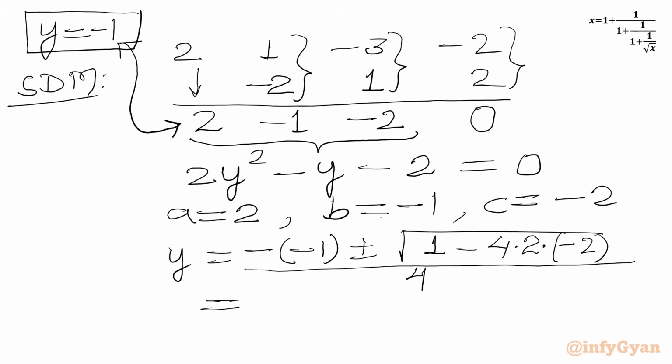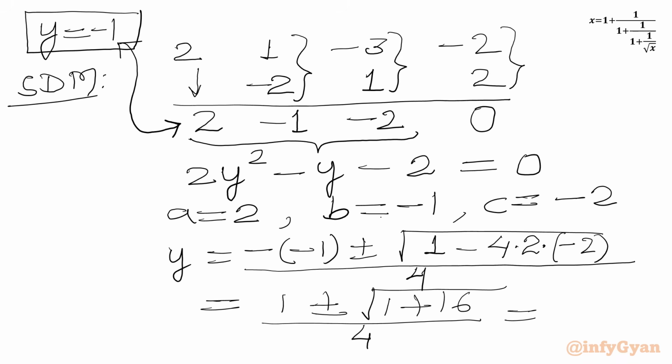That equals 1 plus minus square root of 1 plus 16 over 4, which is 1 plus minus square root of 17 over 4.